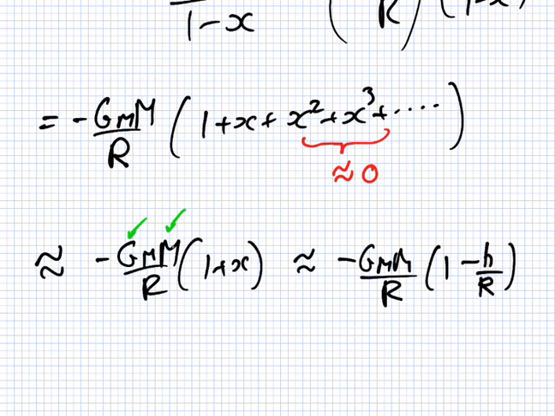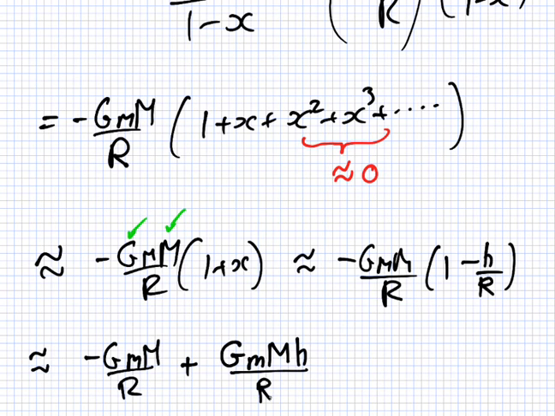That's the distance from the center to the, well, in that example for 9.81 to the surface, but in general it's the distance between the two centers. So I couldn't quite use this or. Anyways, let me multiply this out. Minus GMM over R plus GMMH over R squared.